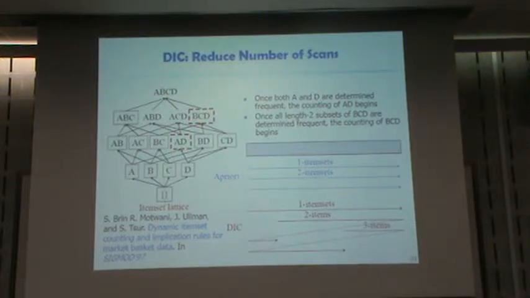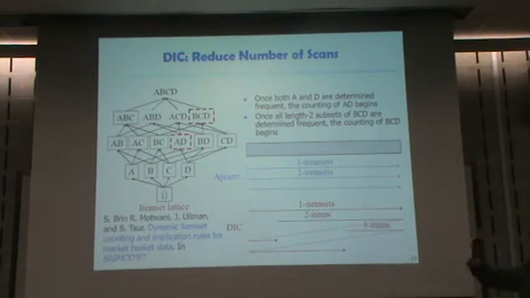The idea is, instead of going from the 1 item set and 2 item set to the 3 item set and finally the 4 item set, where we make all the combinations, in DIC, the dynamic item set counting, we start from the one-itemsets. We are going to find them dynamically. We are not going to consider the others. That is the kind of DIC.